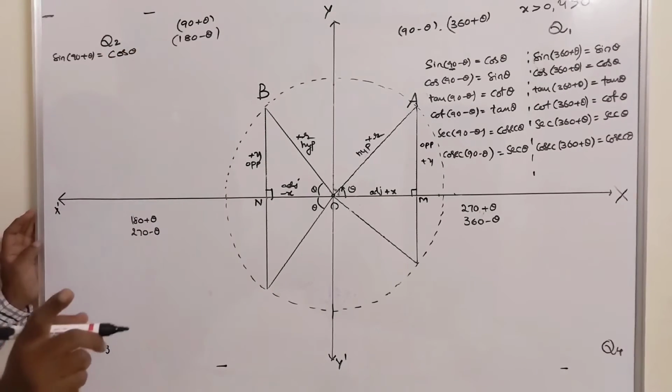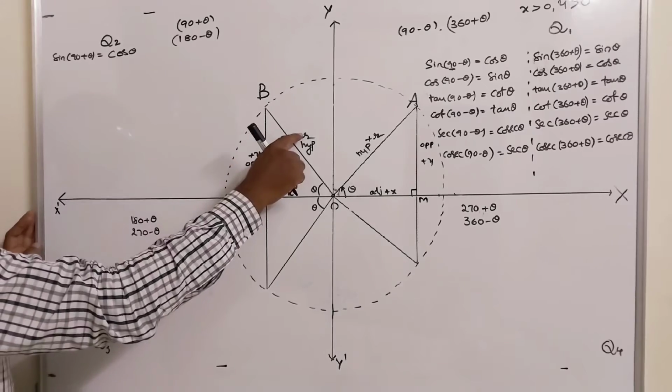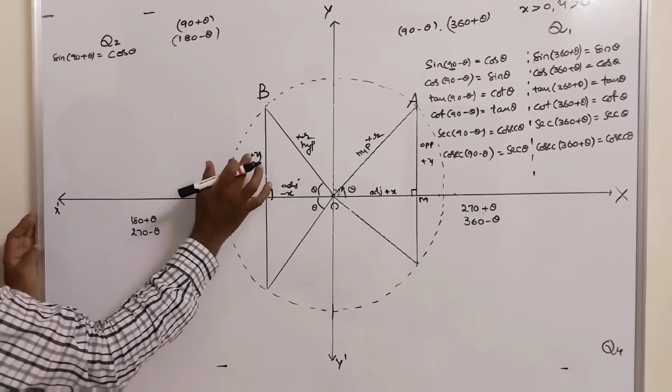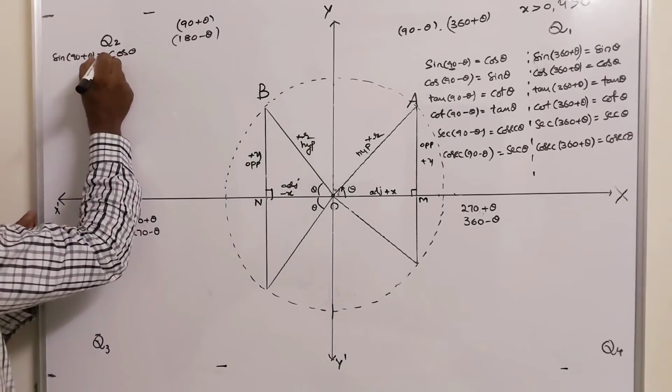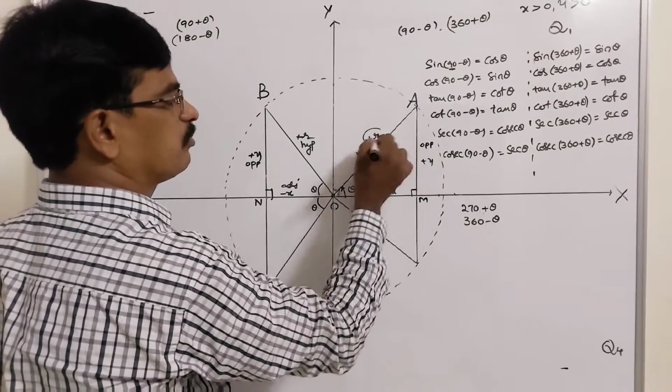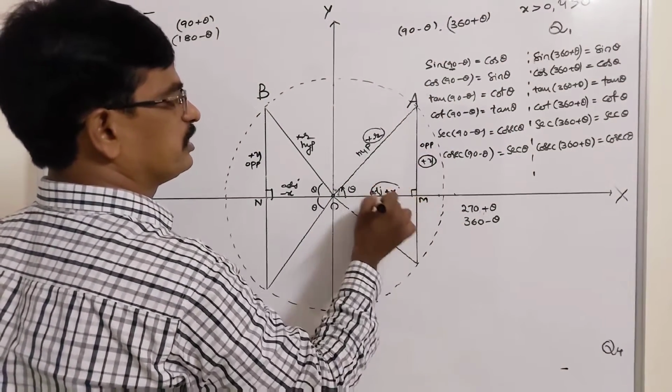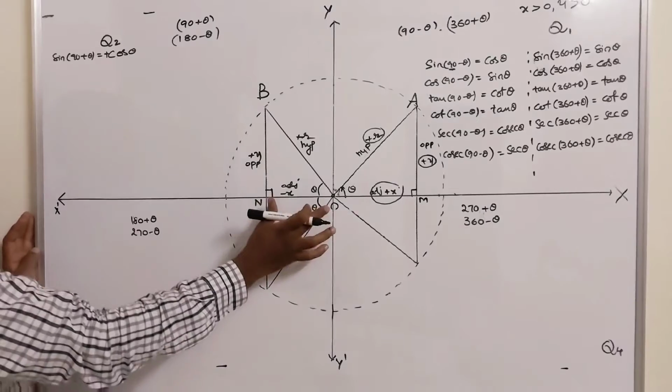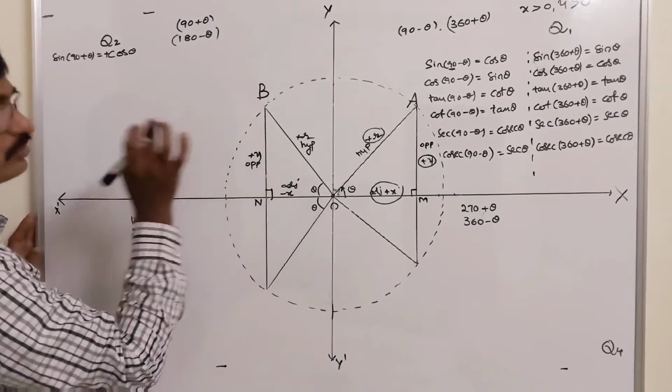Okay. Sin theta is equal to opposite side by hypotenuse. Plus by plus, you will get plus. In the first quadrant, we didn't discuss because the three quantities are positive, so we have written there directly. But here, the adjacent side is negative.